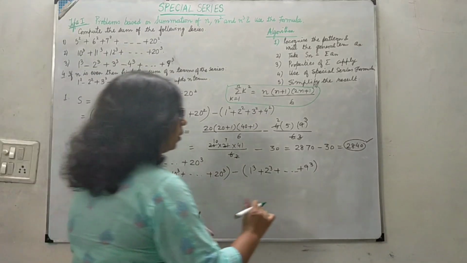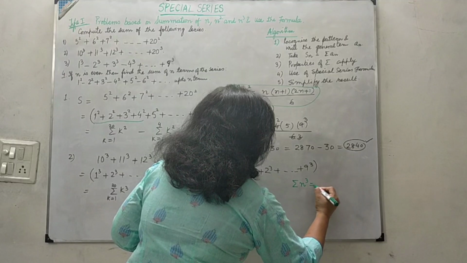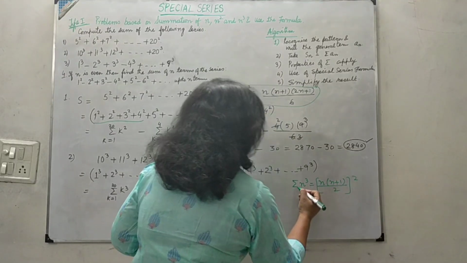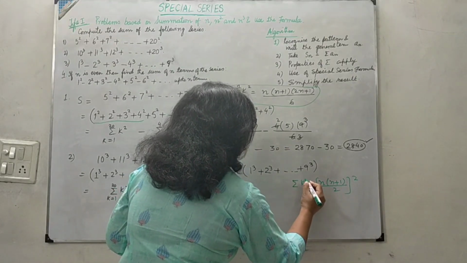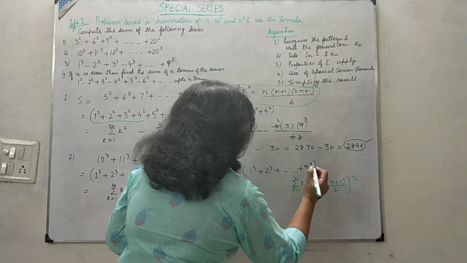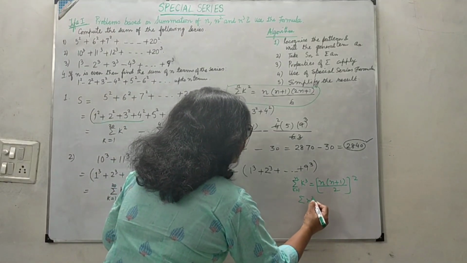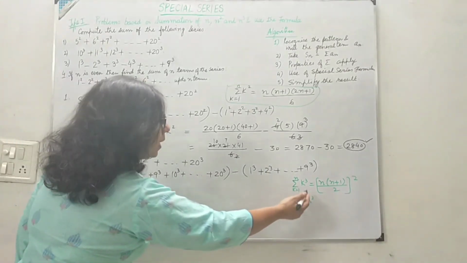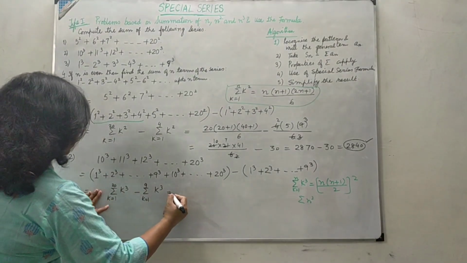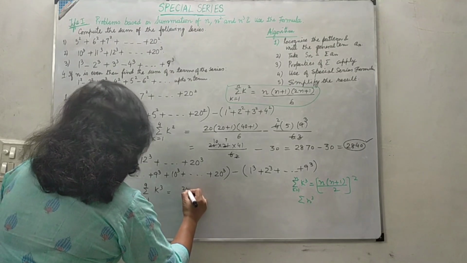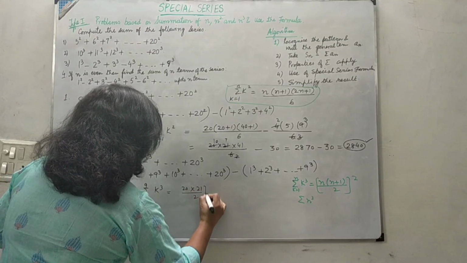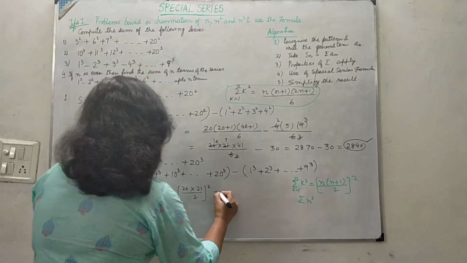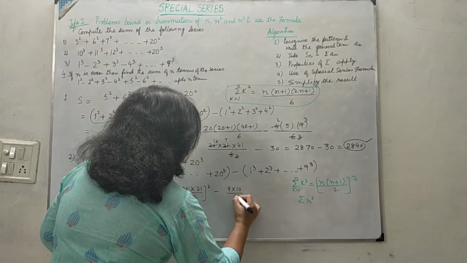Now we know the formula for sigma n cube, that is n into n plus 1 by 2 whole square. I may write it as sigma k cube, k running from 1 to n, or simply it may be written as sigma n cube also. It is understood we are starting with k as 1. Now this further may be written as 20 into 21 by 2 whole square, applying this formula, and then minus 9 into 10 by 2 whole square.